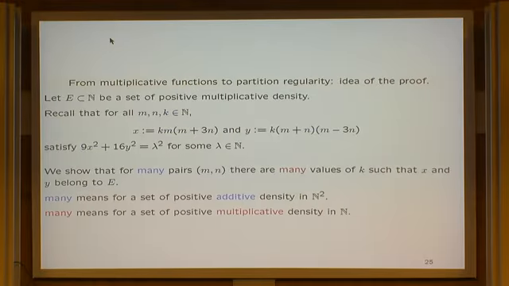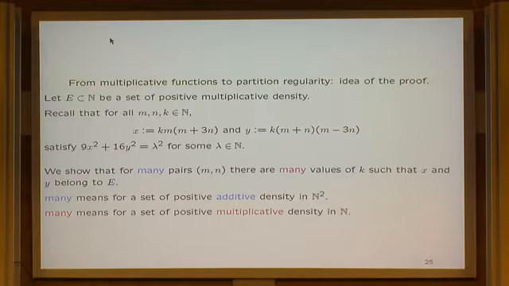Well, how do we obtain this result of partition regularity from our study of multiplicative functions? First, we use this parametrization here. And what we show is that we have many solutions.